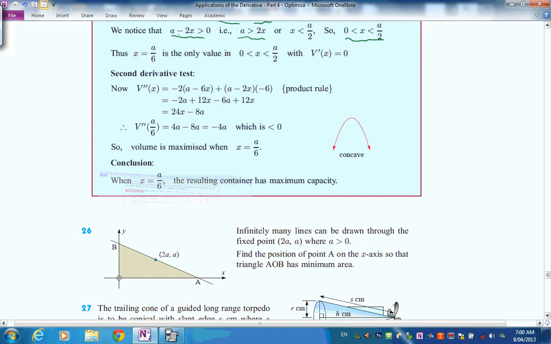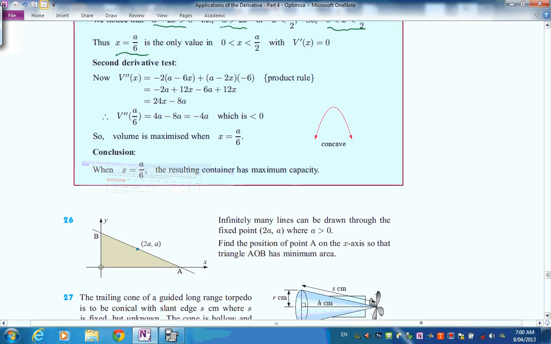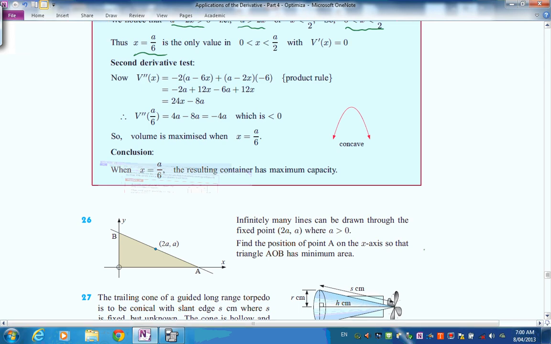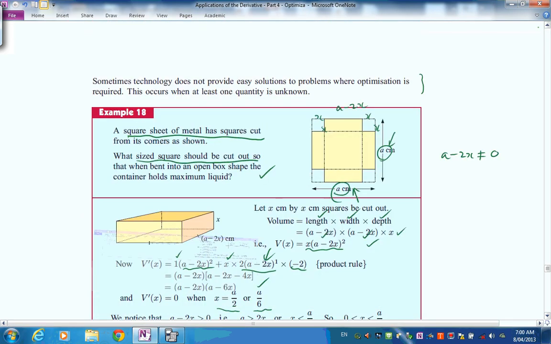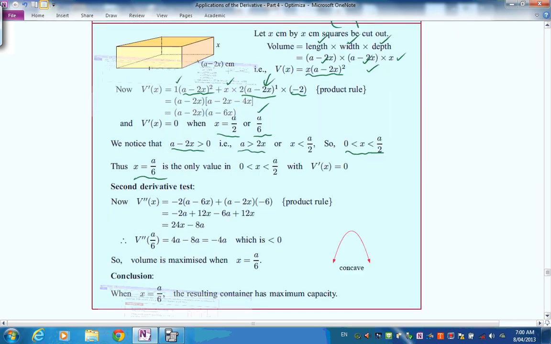Here A over 6 is the only value in our range, so what we've got to do is work with that. We'll just come down here a little bit. Okay, so the other value, which is A on 2, is on the borderline. That's no good because A on 2 gives us a 0 length there.